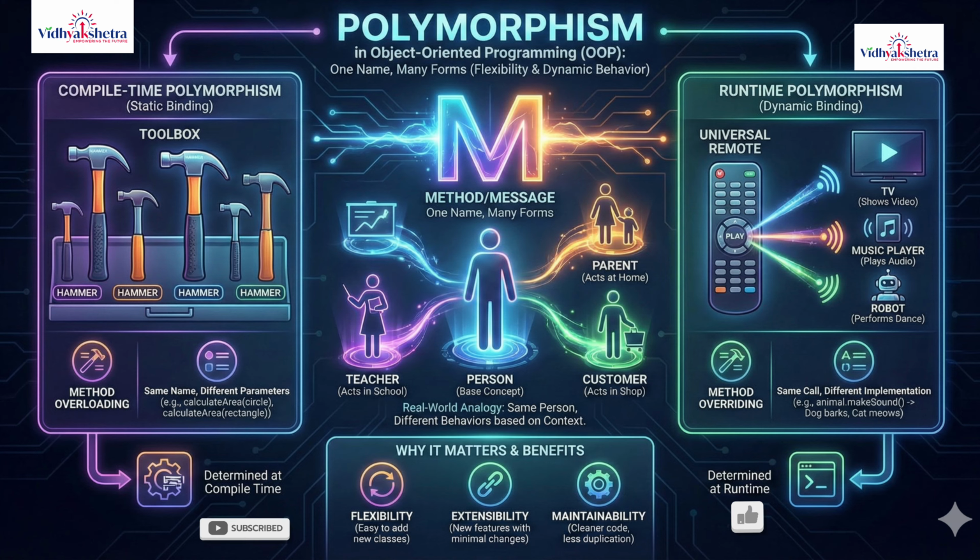Polymorphism is generally divided into two main types: compile-time polymorphism and runtime polymorphism. Both types serve different purposes and are used in different scenarios. Compile-time polymorphism occurs when the method to be executed is determined at compile time.